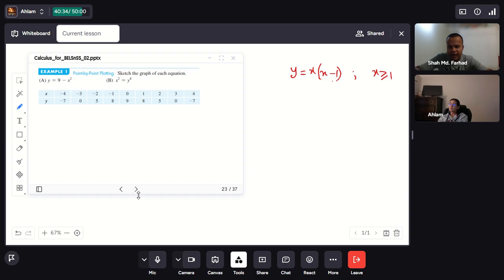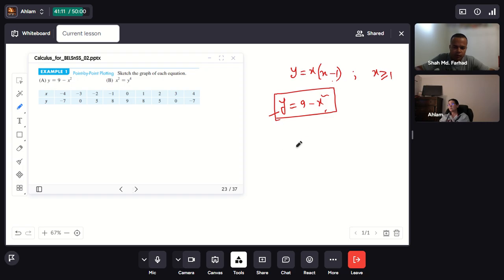Now, sketching the graph of each equation. If you are asked to sketch, then you don't need to be accurate. If you just find the shape of the graph, then it is okay. We have already discussed this. If you are given an equation, y equals 9 minus x square, then for every x we have to find y.